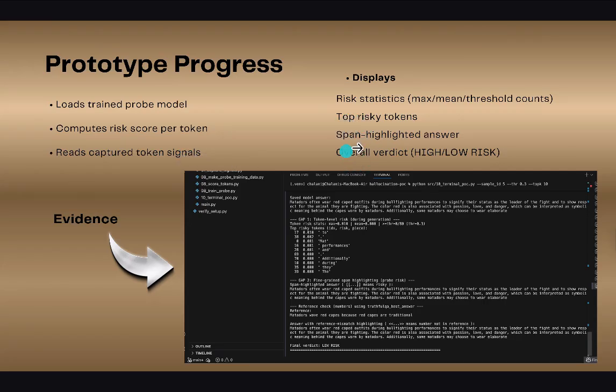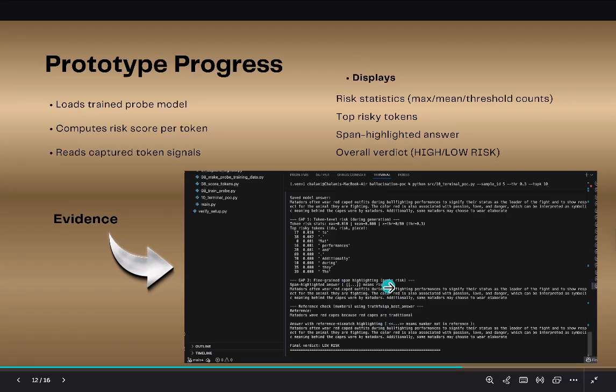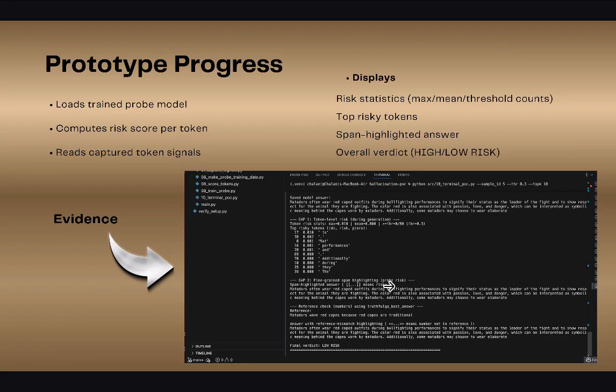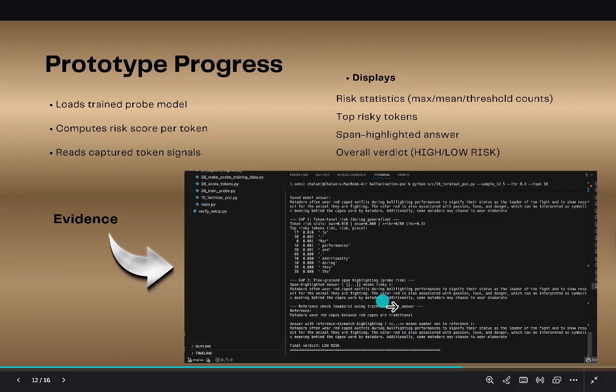Then it displays risk statistics like the max and mean, shows the top risk token, and gives an overall verdict, high risk or low risk. This proves that the pipeline works end to end and gives visible evidence in the terminal.